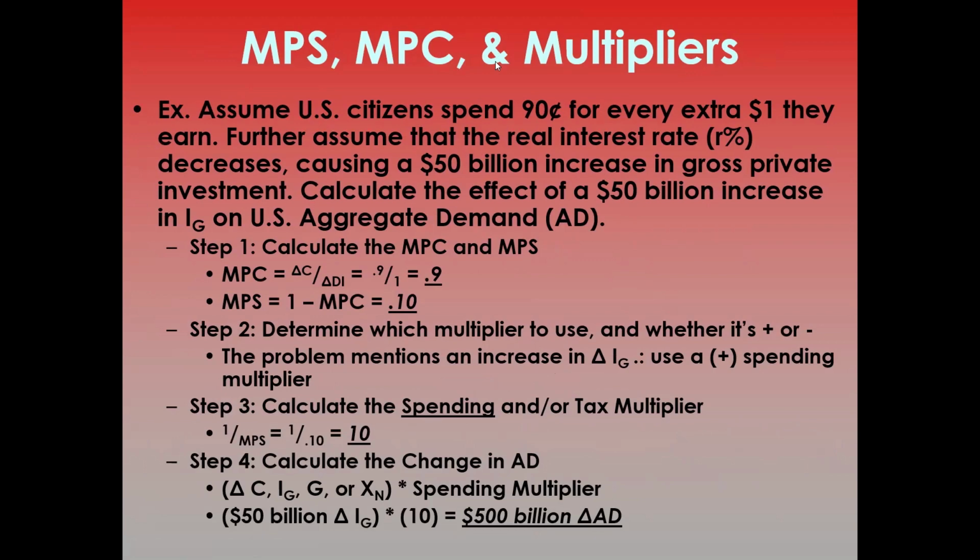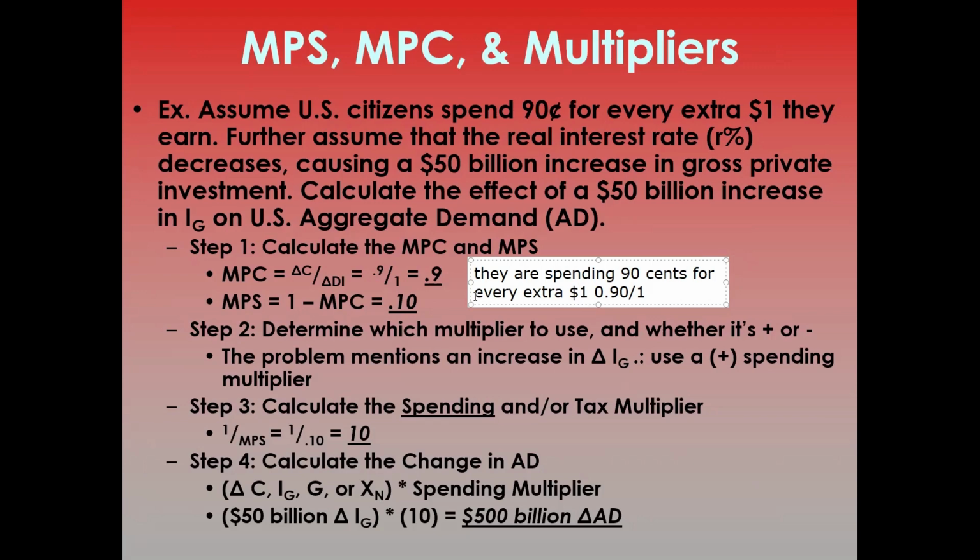So in this case, the MPC would be 0.9, because they spend 90 cents for every dollar, you would just do 0.9 divided by 1. They're spending 90 cents for every extra dollar. And then the rest of it, they're saving.